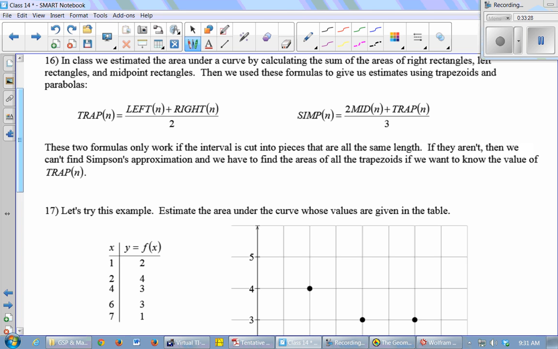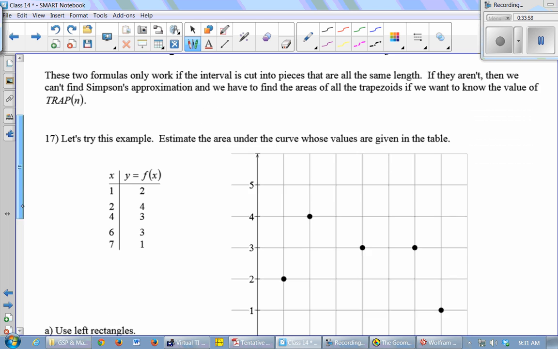These two formulas, trap n and simps n, these two shortcuts for trapezoid and Simpson's, only work if your interval is cut into pieces that are all the same length. If they aren't, then you can't find the Simpson's approximation or the trap approximation using those two formulas. You have to actually draw the trapezoids and actually find the parabolas.